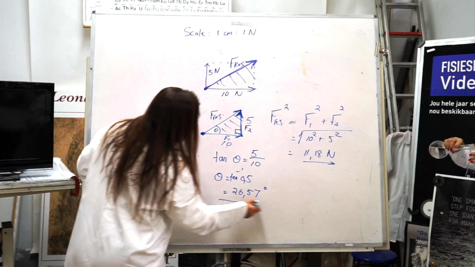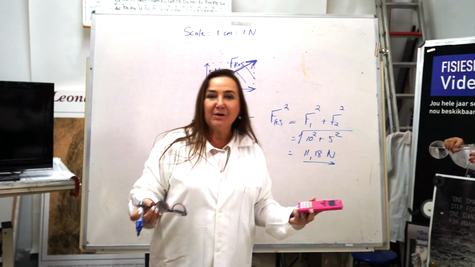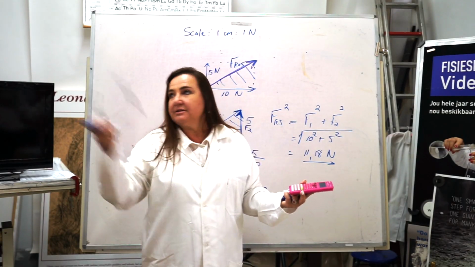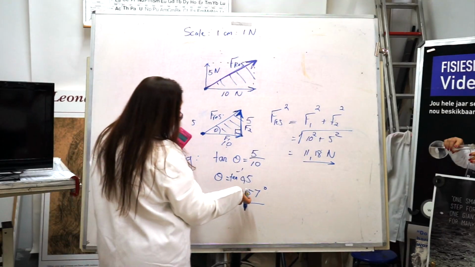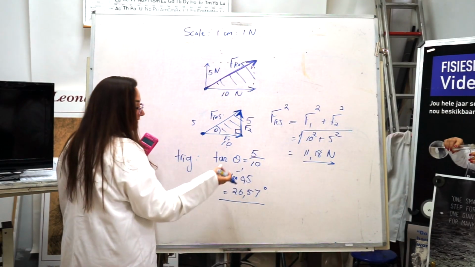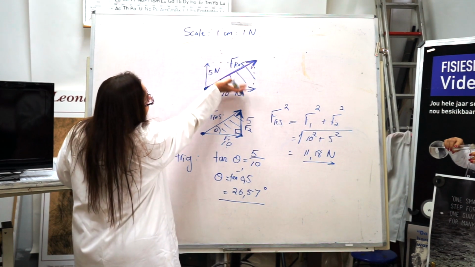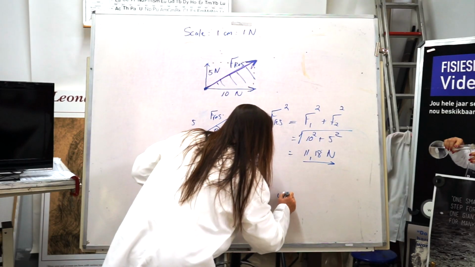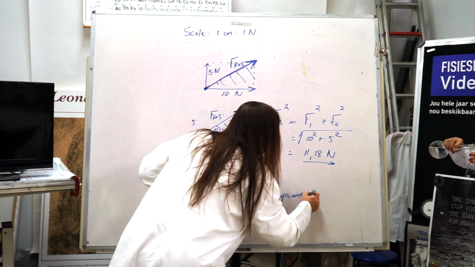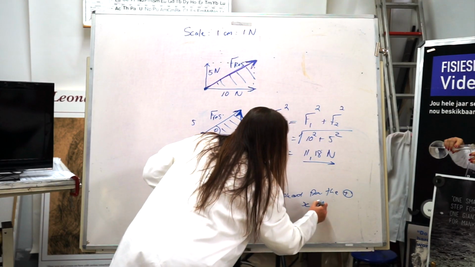But the moment I have an angle, I have to say relative to what? I mean 26 degrees from where to where, you know? So you have to now say 26.57 degrees, and I'm going to say relative upwards from the positive x-plane.